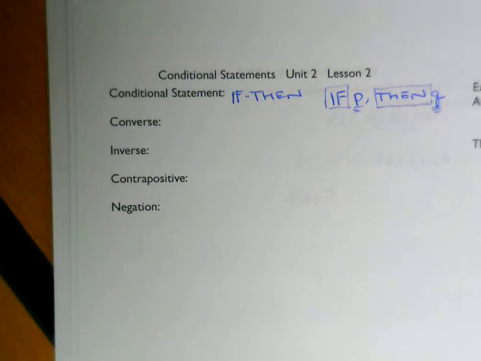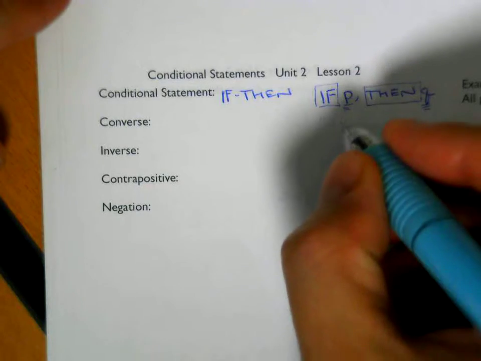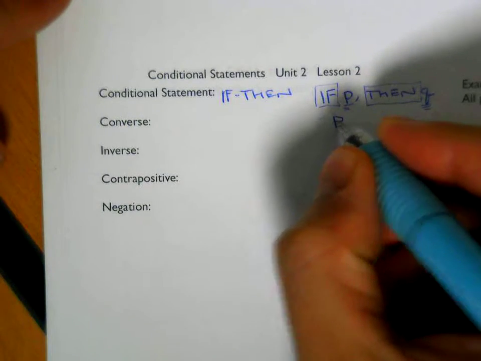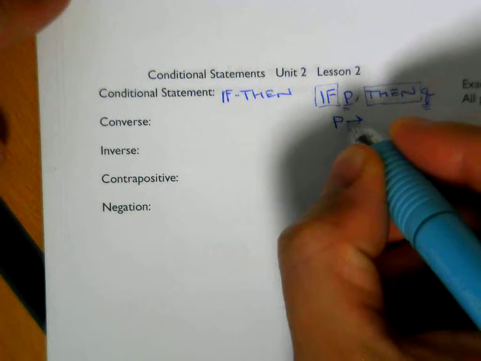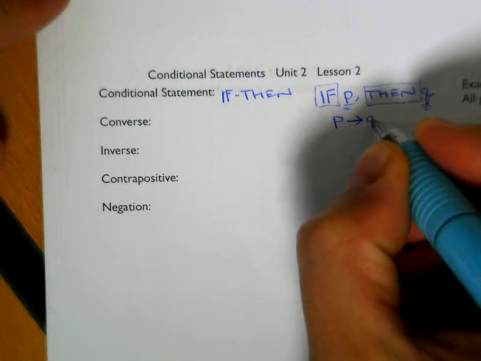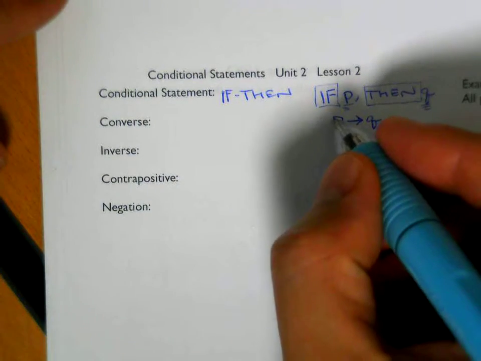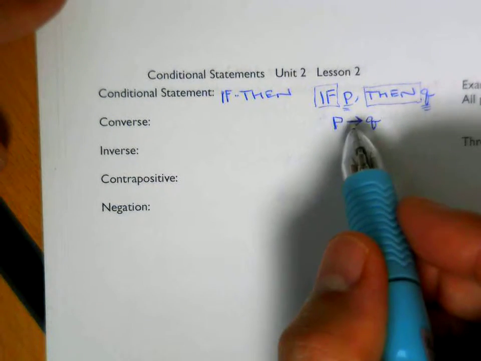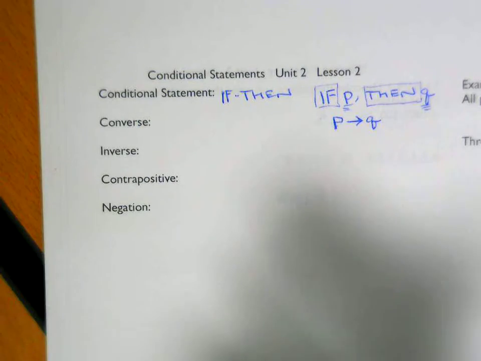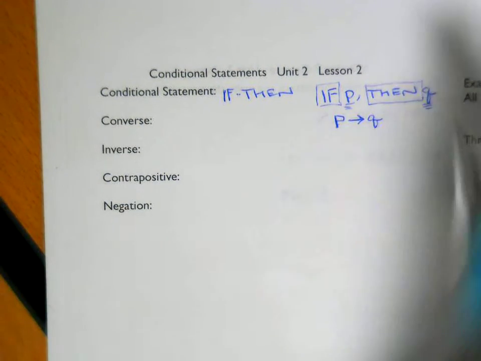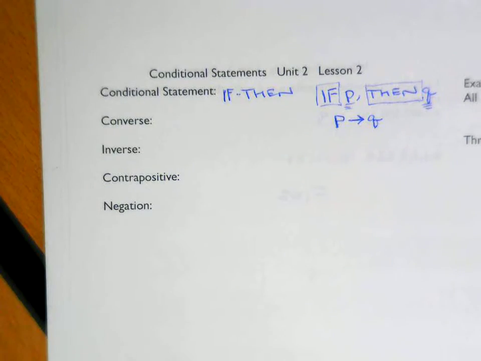In logic, we have our own set of symbols, and this refers to the same thing. So this is if P, then Q. Just for vocabulary time here, we'll use P and Q as our generalities for a conditional statement, to save ourselves some writing.